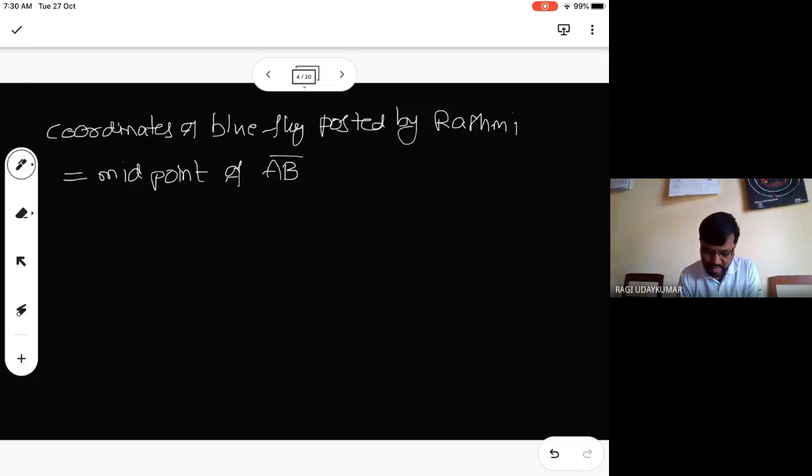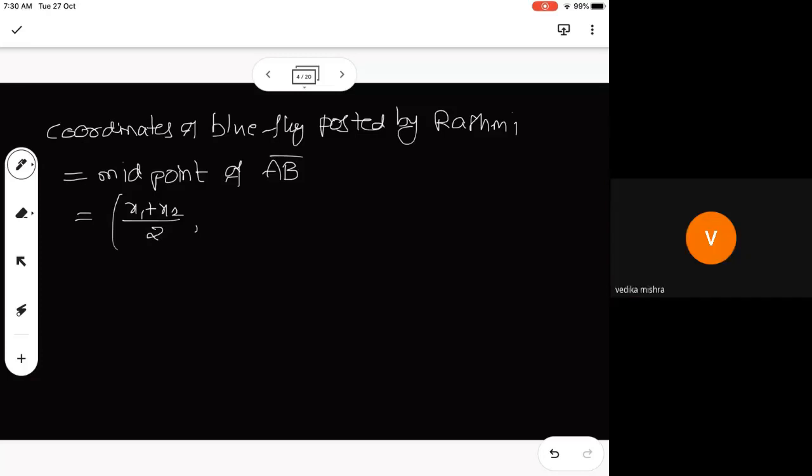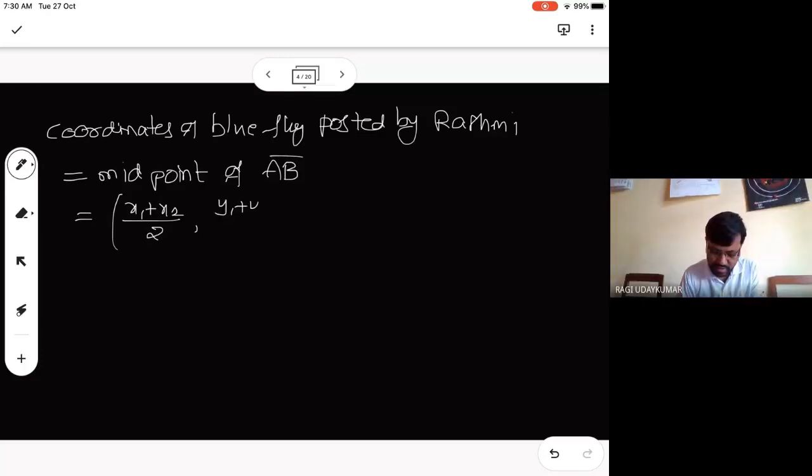So what is the midpoint formula? Before I write, any one of you say. y2 plus y1 by 2. Very good. y2 plus y1, you can say, or y1 plus y2.